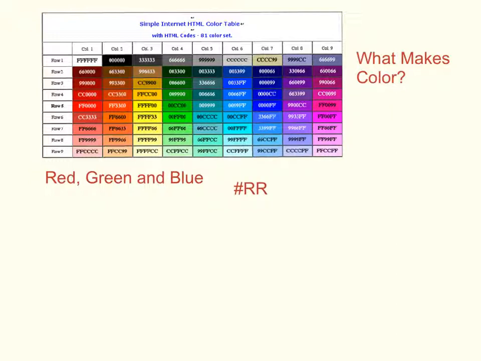The second set of numbers is how much green is present. And the third is the amount of blue. So think back to our number line a second about which number would be one of the highest. It would either be E, F, or 0 would be representing a high amount of that particular number.